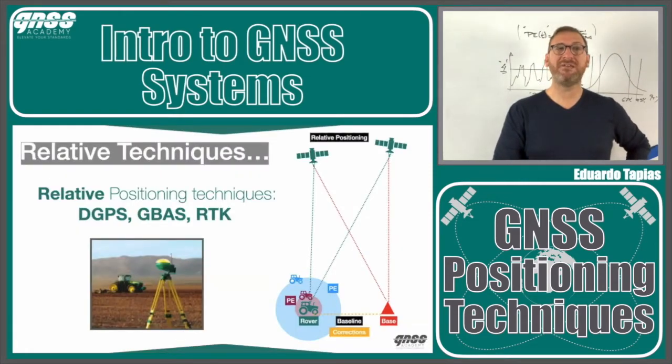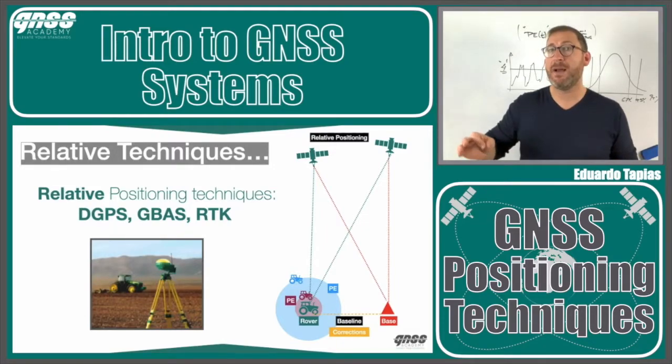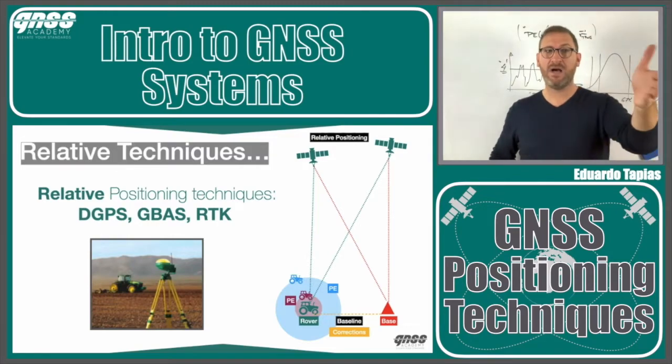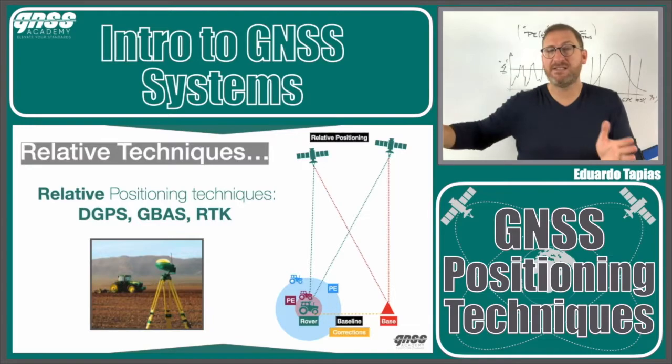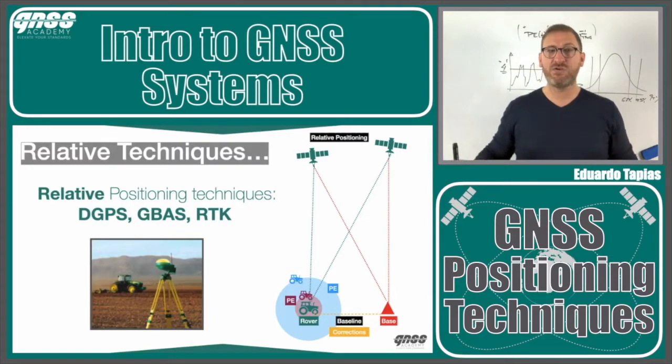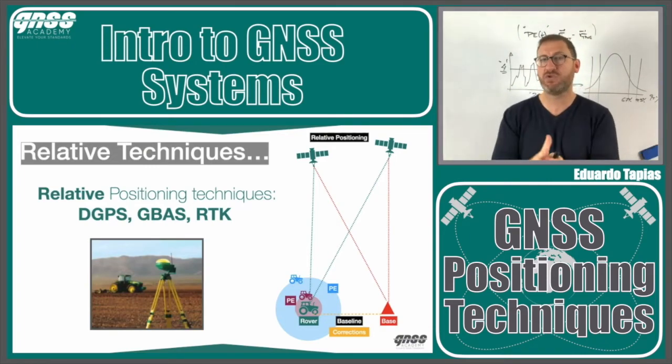We have the relative positioning techniques, which are the ones that need what we call a base station not far away. For example, here we have a tractor and a base station at some distance. This distance is called a baseline. Thanks to this base station, we will have some information coming from it in order to improve my positioning.